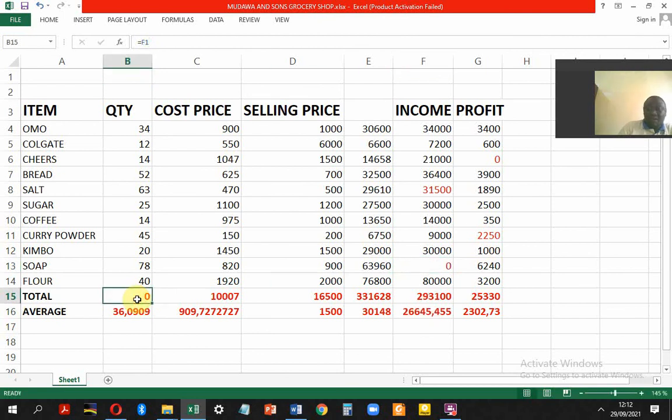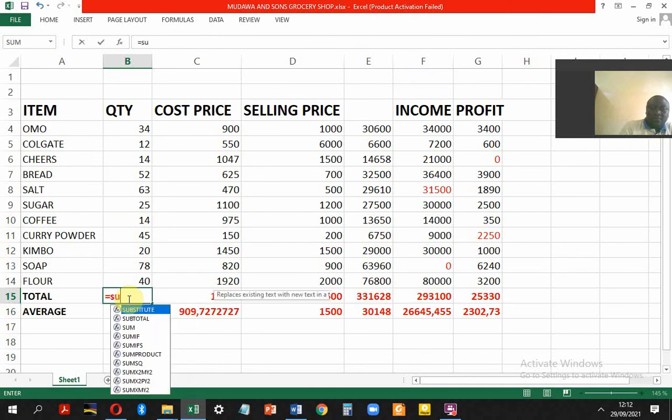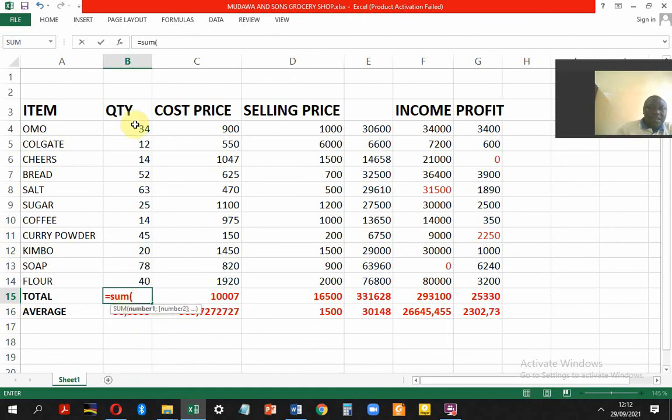Let's hope you remember, when we were beginning, we said equal sign, and we said sum, open the brackets, and then we highlighted from up to down there, and then we closed the brackets and entered to get this answer, the total.